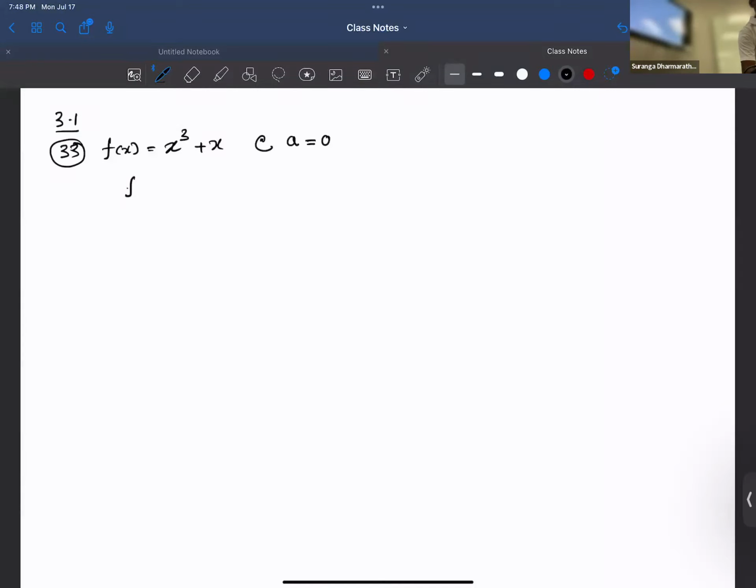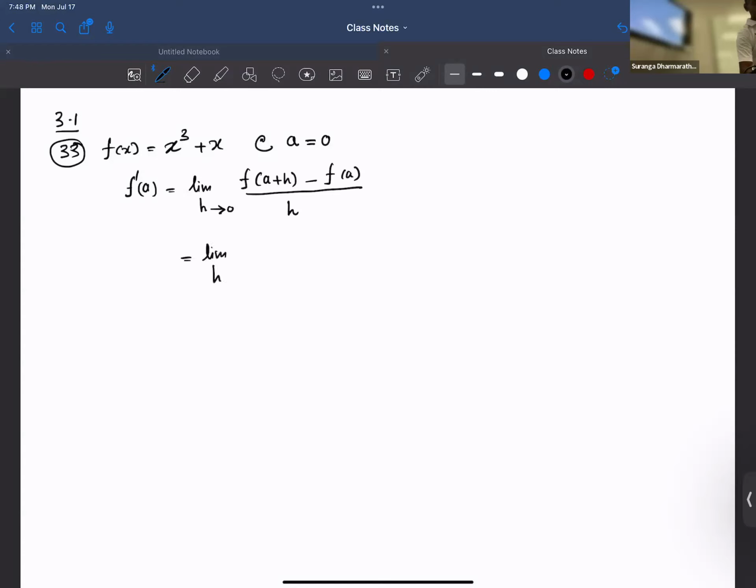By definition, f prime of a is equal to the limit as h goes to 0 of f of a plus h minus f of a, divided by h. That's it. So now it's just a substitution.